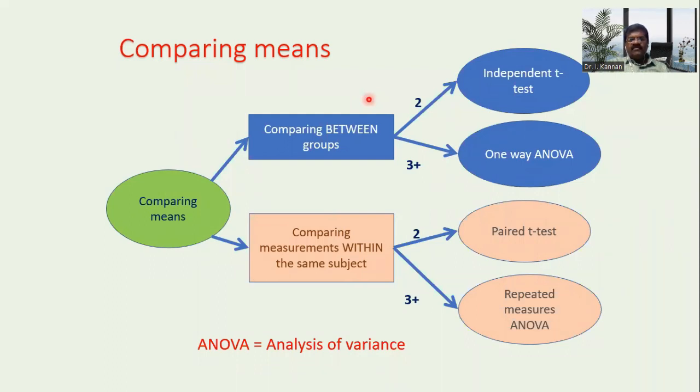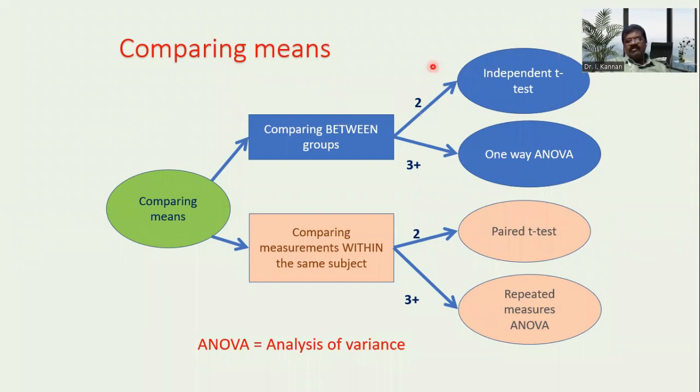If you are going to compare between two groups, say I want to compare between male and female, that's one example, then we do the test called the independent t-test, if you have only two groups.